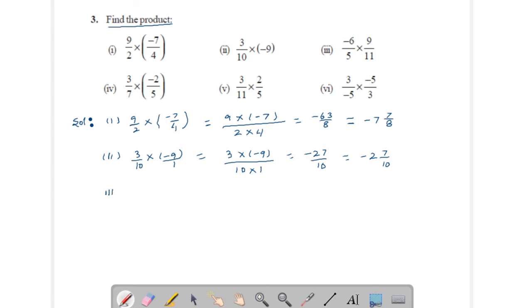Now third part, minus 6 upon 5 into 9 upon 11. Here multiply numerator by numerator. That is minus 6 into 9 upon 5 into 11.